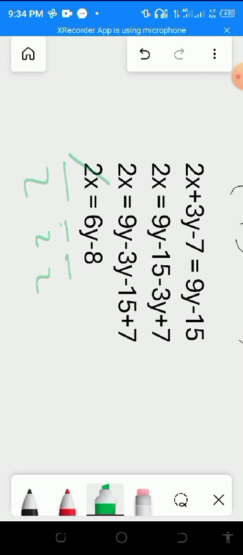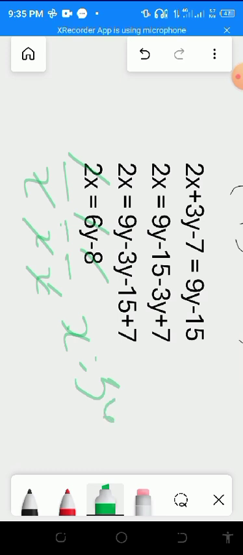So these two can cancel out, right? This one cancels this, and then remember 3 here, and this one cancels this, and then it left 4, right? Is that okay?